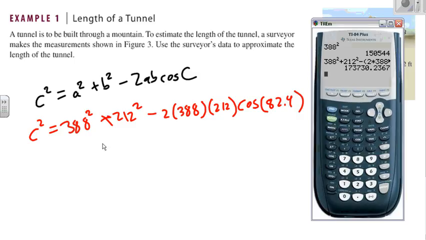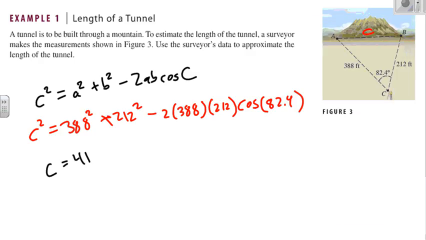And that's c squared, so take the square root of your answer. C equals 416.8. And that seems reasonable considering our other numbers. So the tunnel's going to be almost 417 feet.